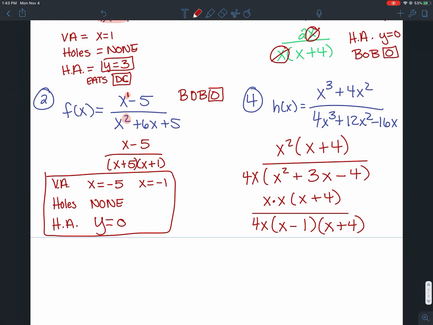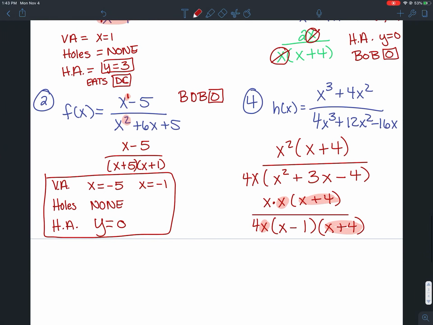I have two holes. I have a hole here, one of these x's, just one, and I have a hole here. I don't know why I picked the second one, it doesn't matter. So I have two holes. So then my vertical asymptote is x equals 1. And then my holes: one is happening at 0, and the other one is happening at -4.